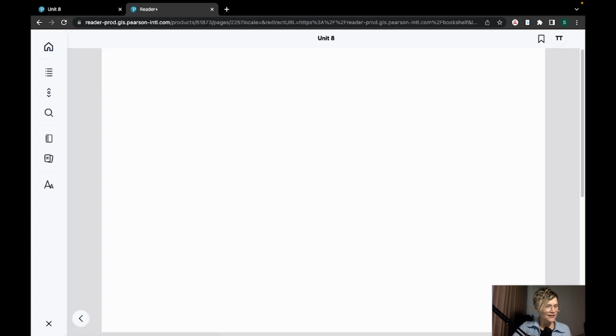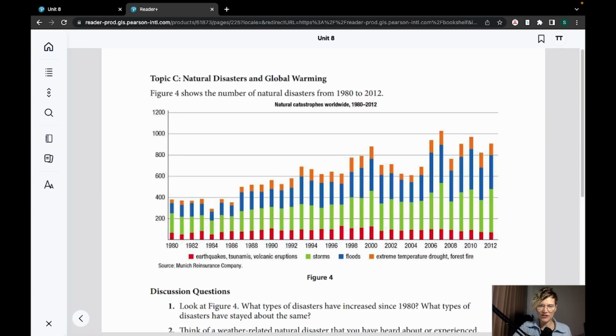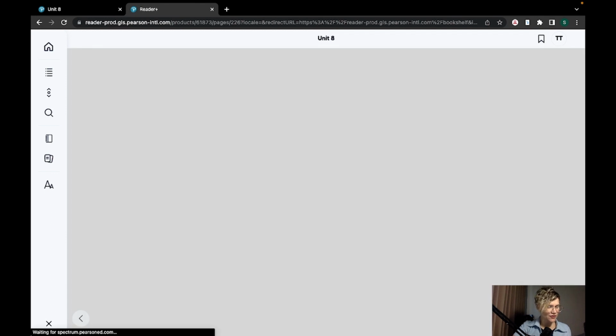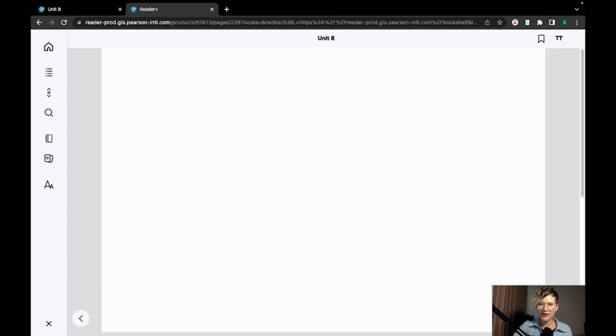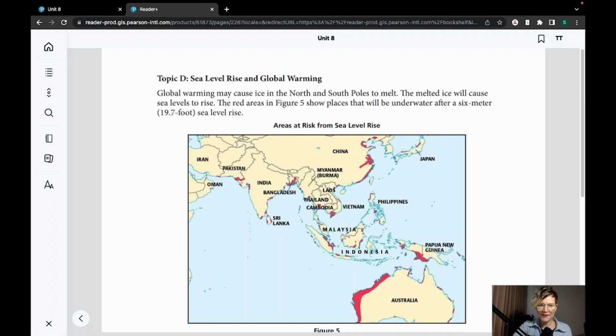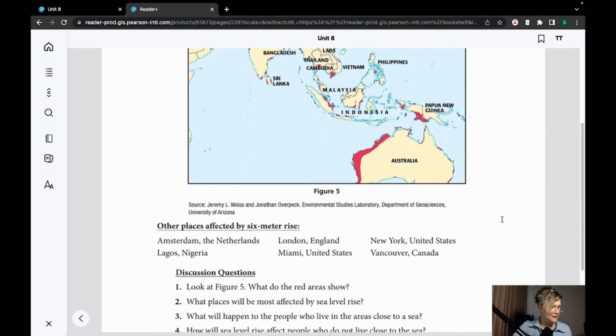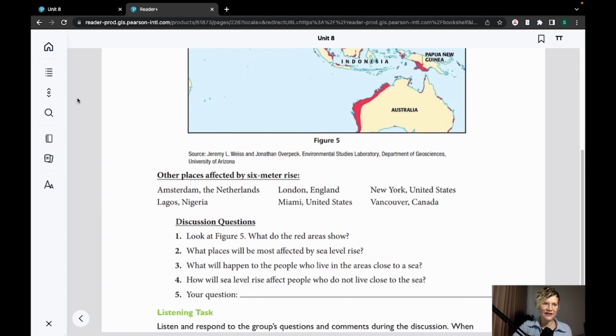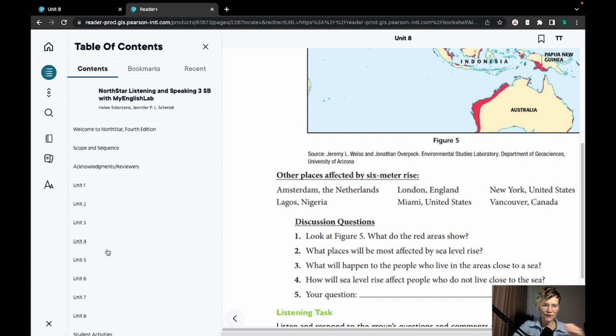Then we've got another subtopic, which is natural disasters and global warming, also a bar graph with example discussion questions. And for the last subtopic, we have a map, which is sea level rise and global warming, and some example discussion questions. So you can use whatever you think is the best to use for you, okay?